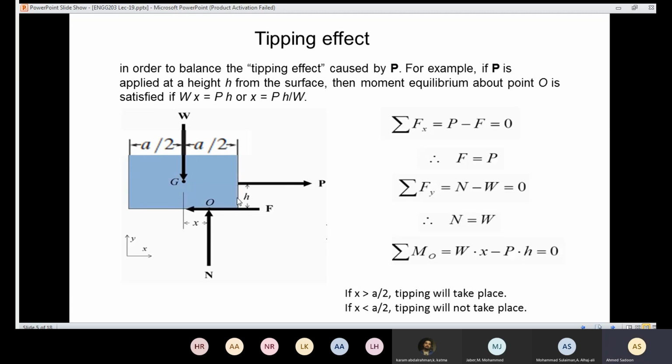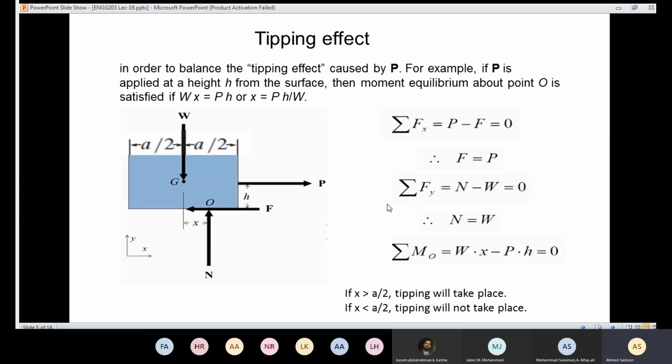So since the box now is in equilibrium, I can say that the summation of the forces in the x-axis should equal 0. I'm going to have P positive and F negative. It means that the applied force here equals the friction force.